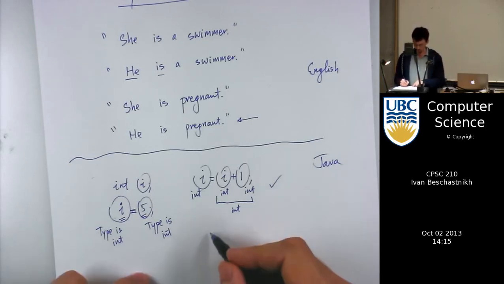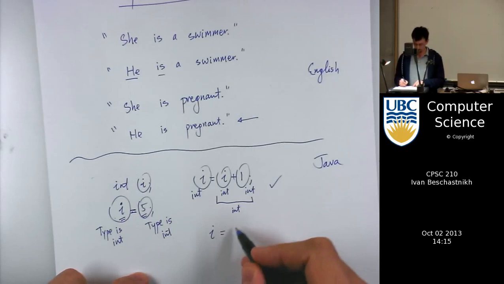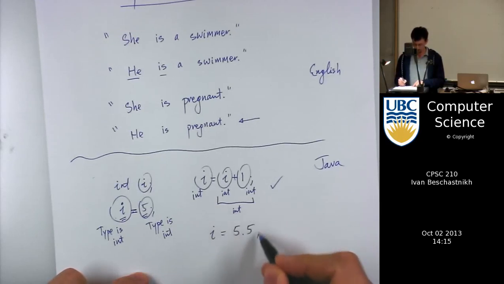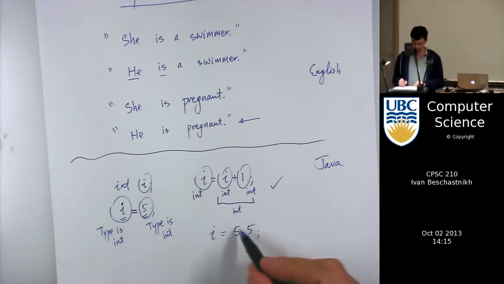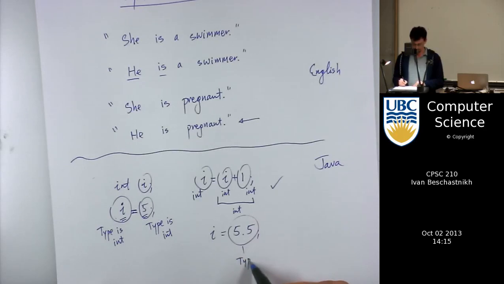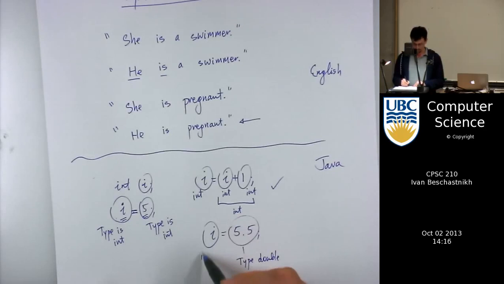So when I do something like i equals 5.5, the same thought process will lead us to conclude that this is a problem, right? Because this thing is not an integer. This is type double. And this guy is still an integer.